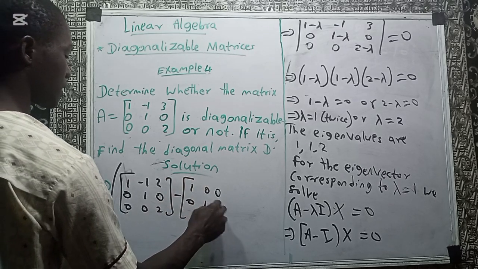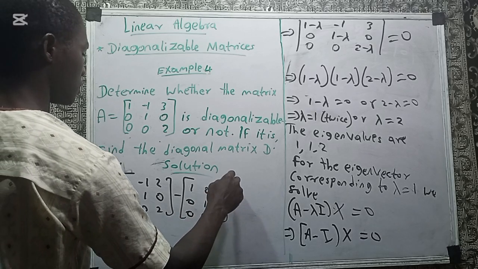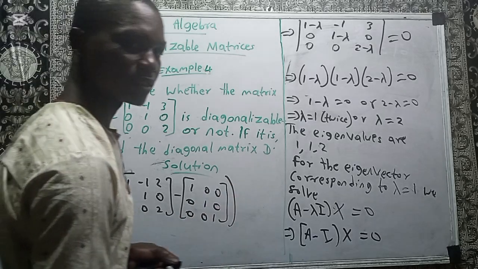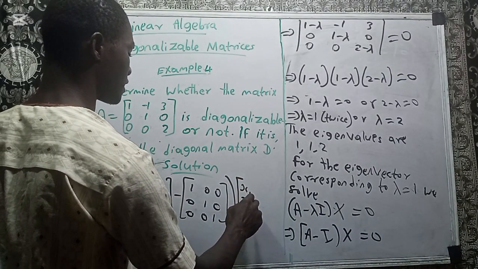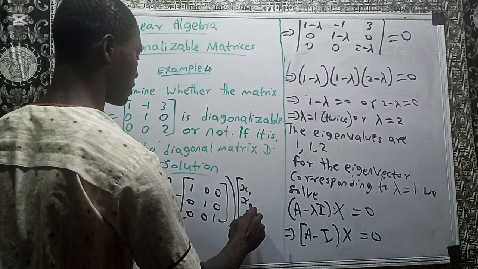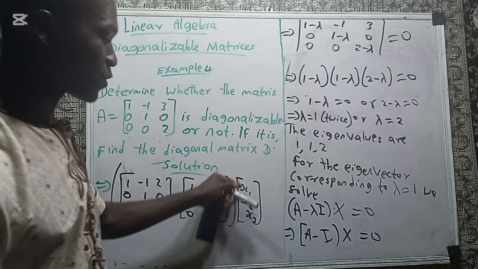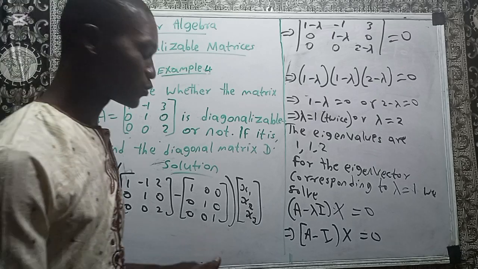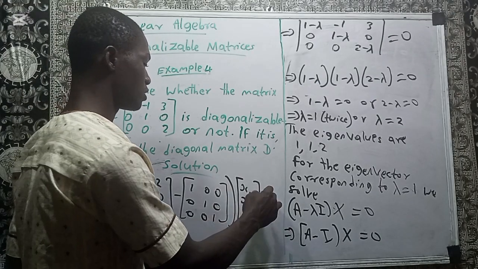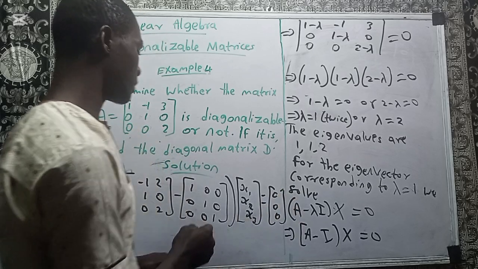Your matrix A is 3 by 3. Then the capital X is a column vector you are looking for, with entries x1, x2, x3. Because your matrix A is 3 by 3, it will have x1, x2, x3 as the entries. If your matrix A is 2 by 2, it will have x1 and x2. So equated to the column 0 matrix.